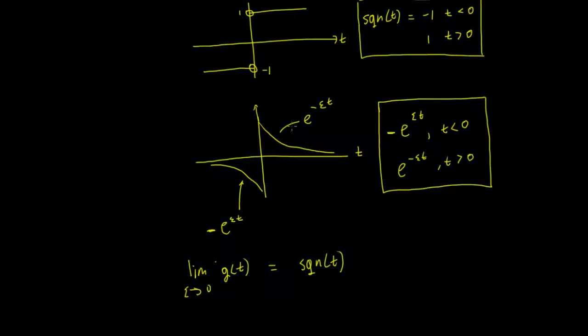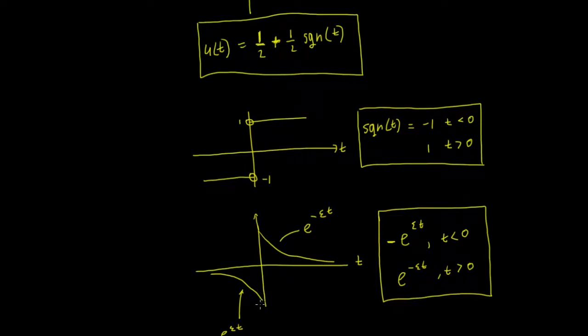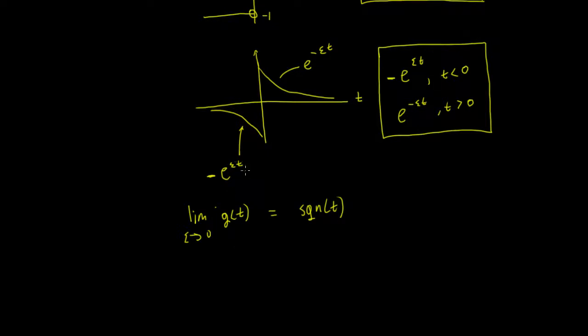So if we let epsilon tend towards infinity, we're going to have an infinitely small value. So if we have e to the 0, anything raised to the power of 0 is just going to be 1. So that will tend towards that positive 1. And in our case here, as we let epsilon tend towards infinity, this function again is going to tend towards 0, so that e to the epsilon t will tend towards a value of minus 1.